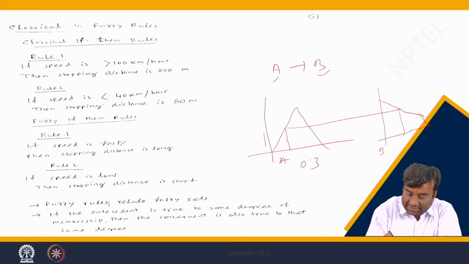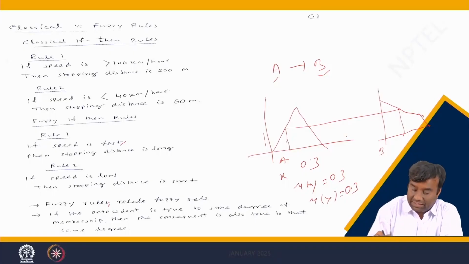Suppose the input is x, then mu x is 0.3, so mu y should also be 0.3, that is the same degree.